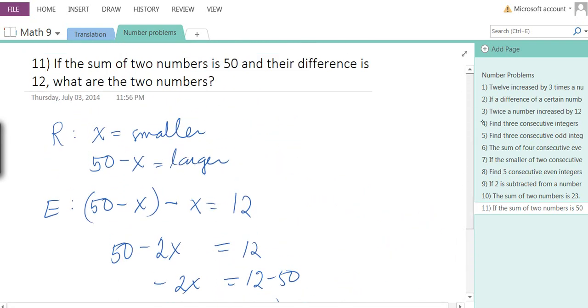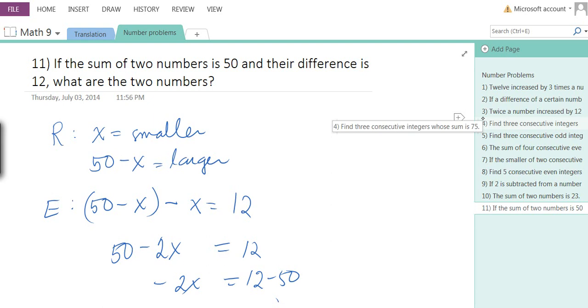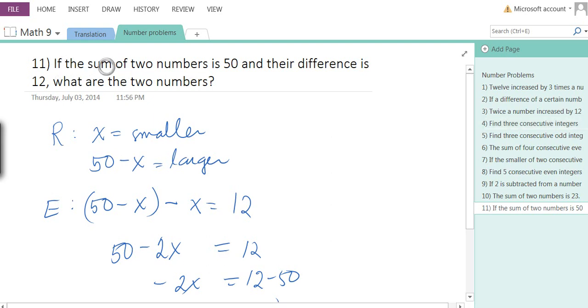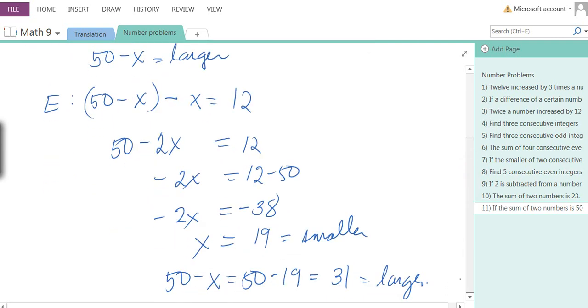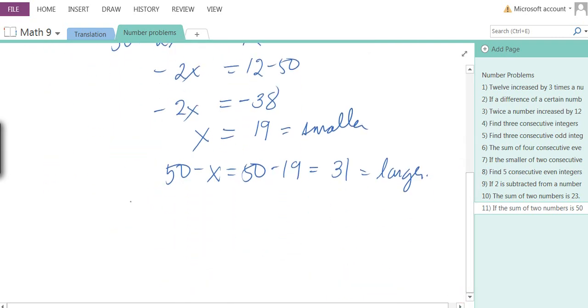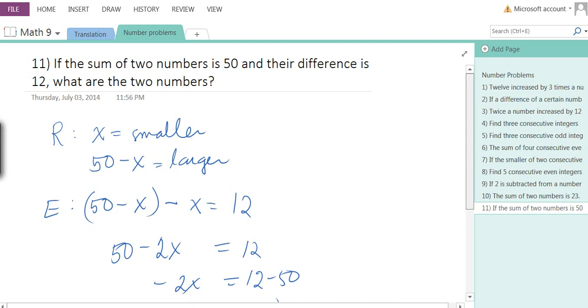So by checking, you just have to check if the sentence will be true. If I add, the sum should be 50.